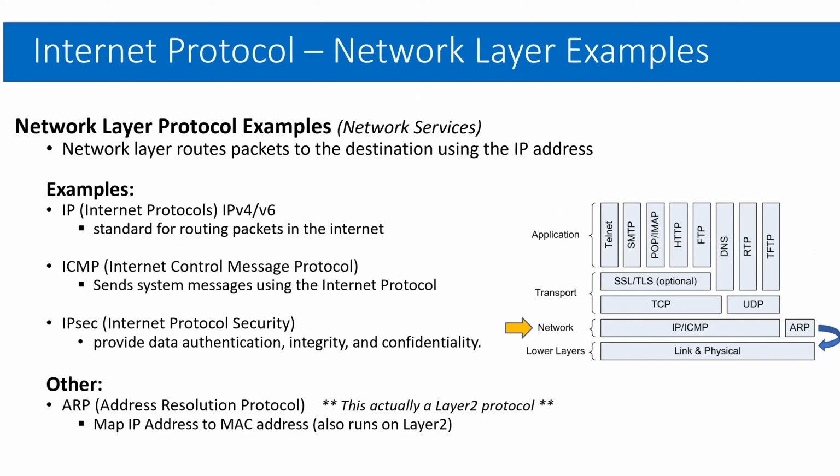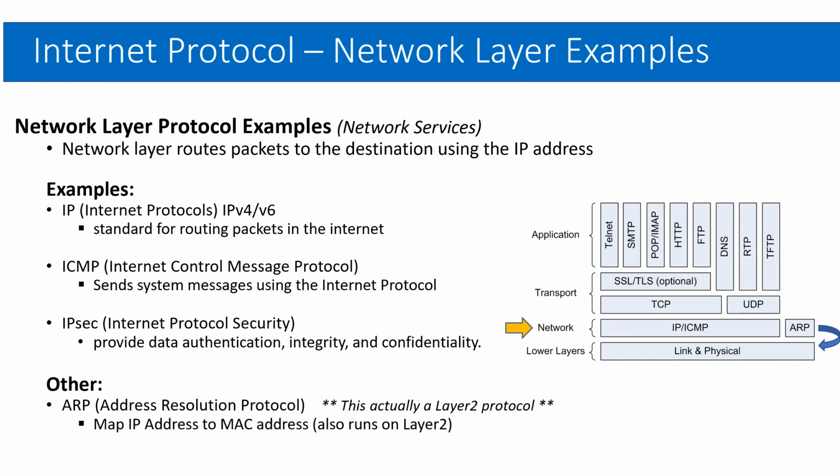Now let's drop down to the network layer, which is where the IP address is added, IPv4, IPv6. There's some other things that go on there. There's another protocol called ICMP, where a system sends a broadcast message using the internet. We focus mostly on the IP addressing, and then we can also add security, IPsec.